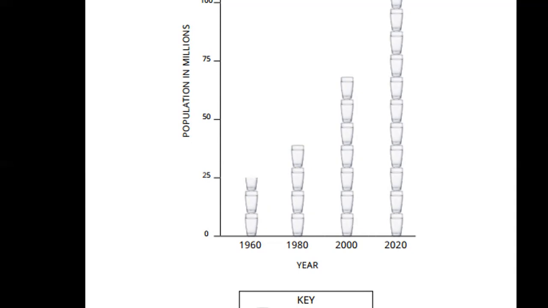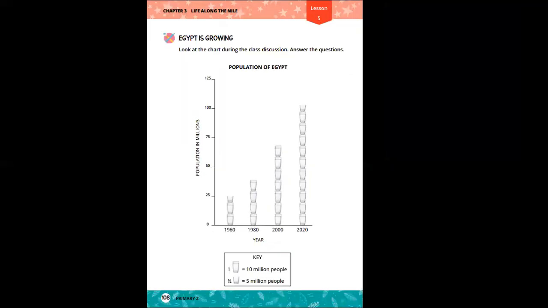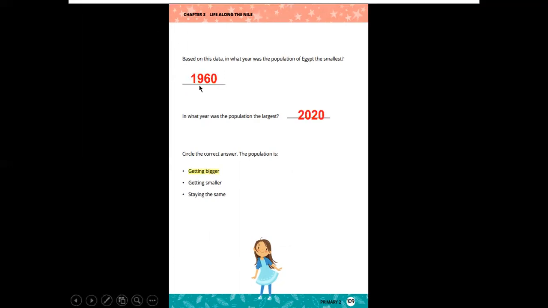Okay, let's now go to page 109 to answer the questions for what we discussed in the chart. Based on this data, in what year was the population of Egypt the smallest? You remember the chart? Of course, it was in 1960.